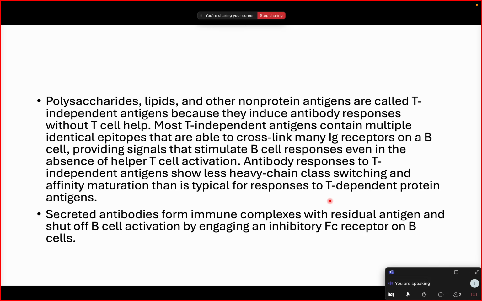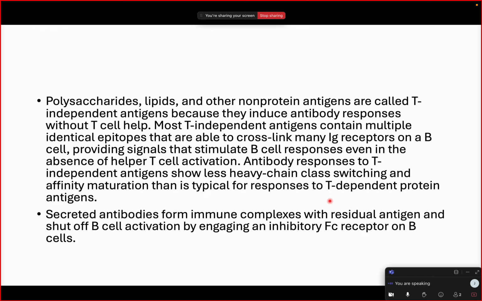Polysaccharides, lipids, and other non-protein antigens are called T-independent antigens because they induce antibody responses without the help of T cells. Most T-independent antigens contain multiple identical epitopes that are able to cross-link many Ig receptors on a B cell, providing signals that stimulate B cell responses even in the absence of helper T cell activation.